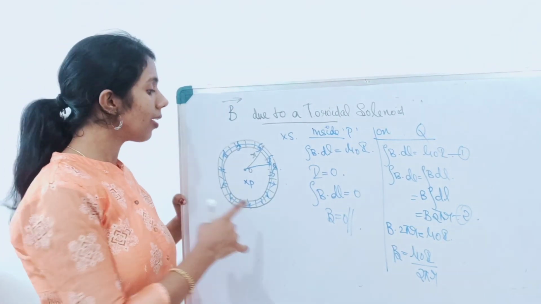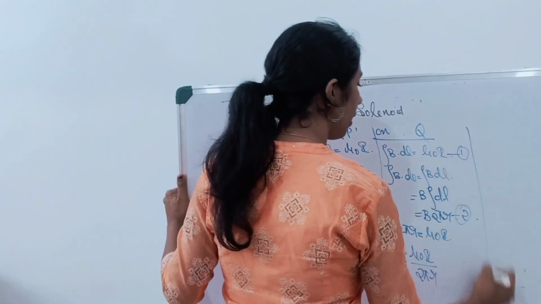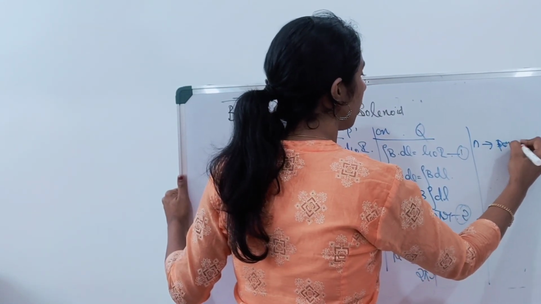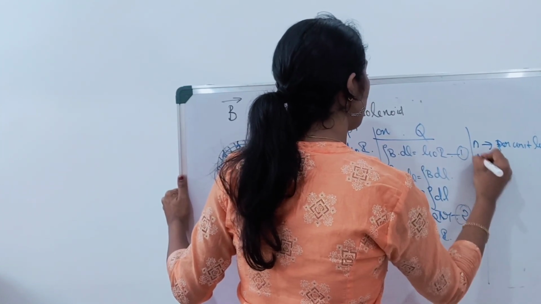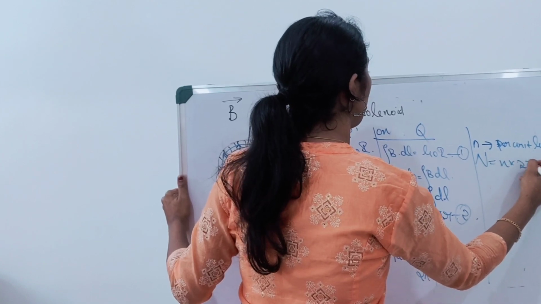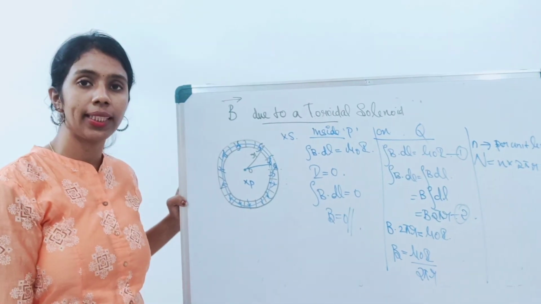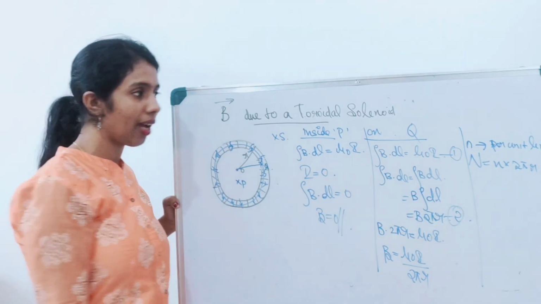If n is the number of turns per unit length, then the total number of turns can be written as n into 2 pi r.